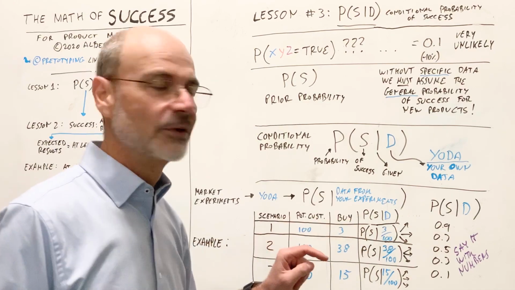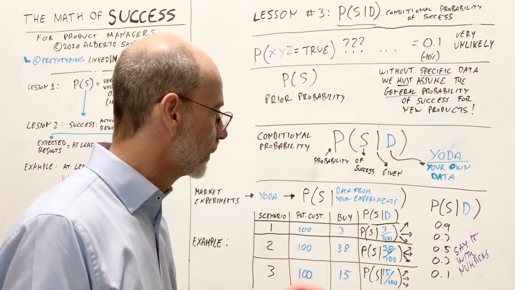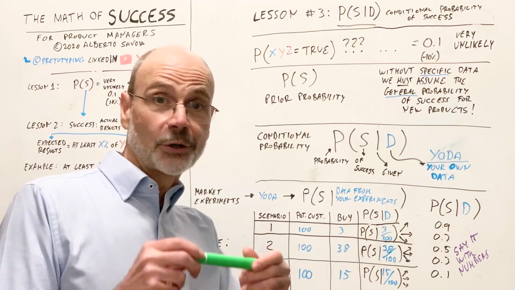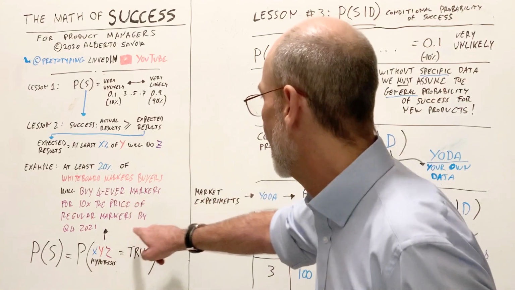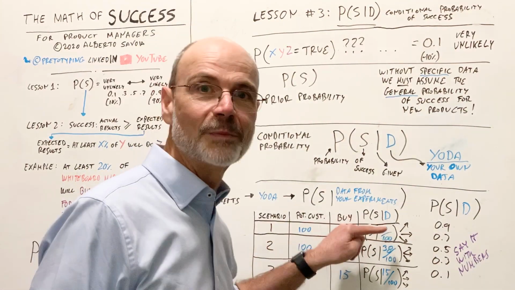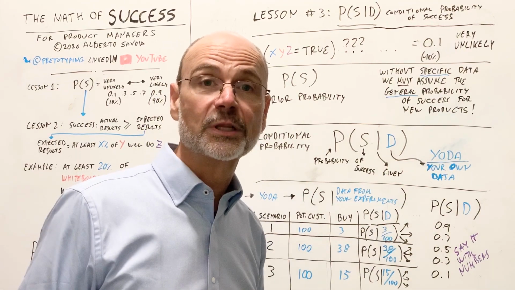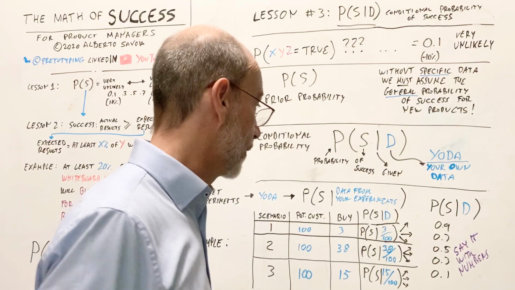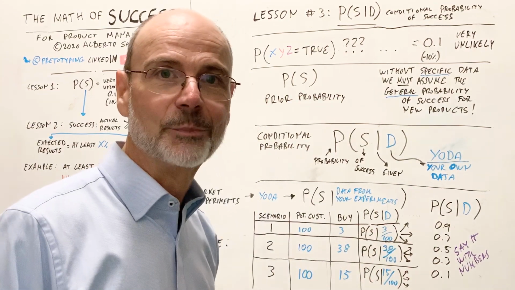So you ask yourself, what is the probability of my forever markers being successful, given that only 3 out of 100 people bought them, right? Remember, my goal here is like 20%. I got 3%. So does my probability of success go higher or lower based on these results? Well, you would have to say it probably goes lower, right? Or it stays low at 0.1.